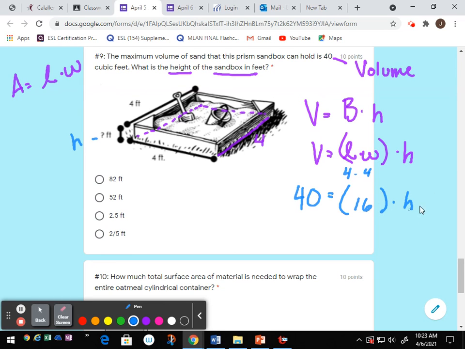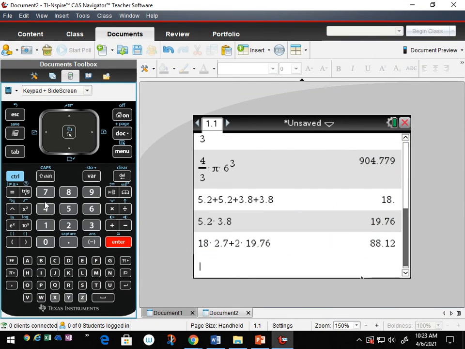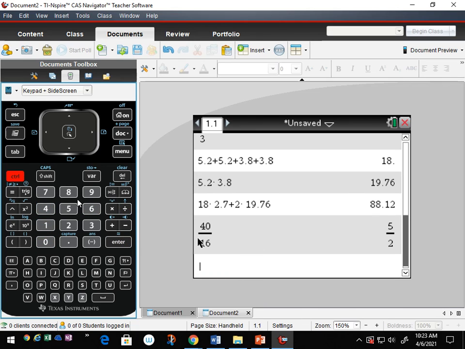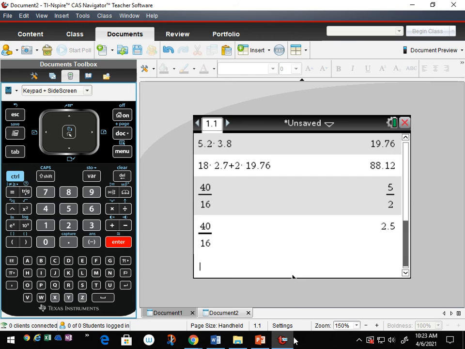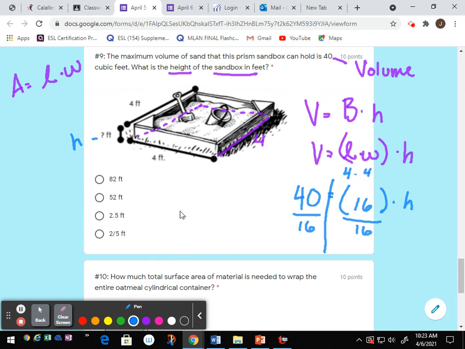To get the height all by itself, we need to get rid of the 16, so we divide this side by 16 and divide this side by 16. 40 divided by 16 is equal to 2.5 feet. So height is equal to 2.5 feet, and we can see that answer choice C is the correct answer.